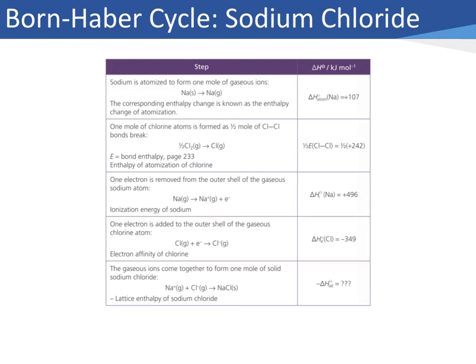The one thing I didn't like about this particular diagram is it leaves off the delta H of formation for the compound, which is why I really like the triangle that I prefer to use. Although again, I'm going to remind you that you can find other methods out there that describe this process, but I really like the triangle because it keeps the path in my brain. It keeps it clear.